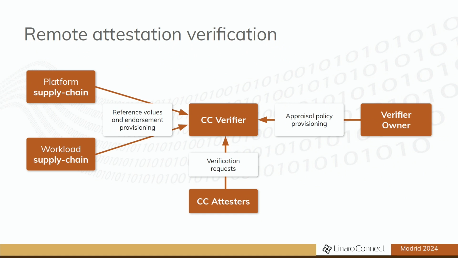The verifier collects all these values, so that anyone that is trying to run a software in a platform can just ask the platform the reference values that they have and send them to the verifier so that the verifier can match and see if they are the correct ones or not, right? And this will be all done through some kind of policy because, of course, the versions that you trust change along the time. So maybe a CVE is discovered or something like that that will block you from running certain software. So that's the kind of infrastructure that we are envisioning for the future.